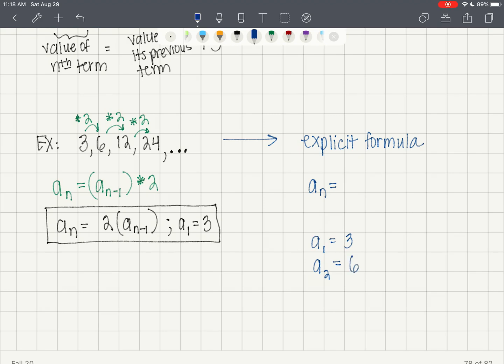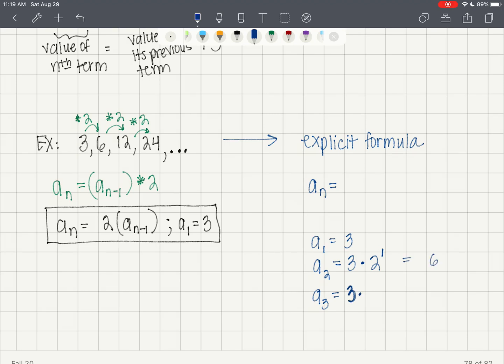Look at this. So this right here, it's really cool. This right here, we're multiplying by nothing. That's our first term. What are we multiplying in our second term? Well, I started with 3. How do I get from 3 to 6? I multiplied by 2 once, right? And then we started with 3, and how do I get to the third term?